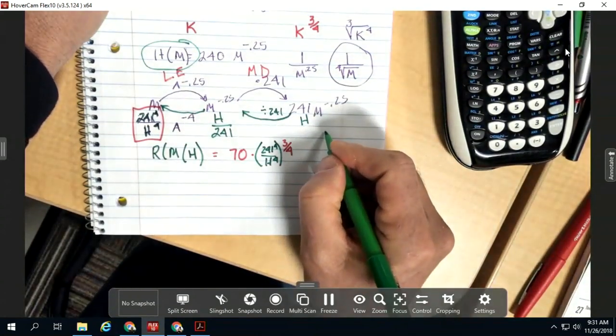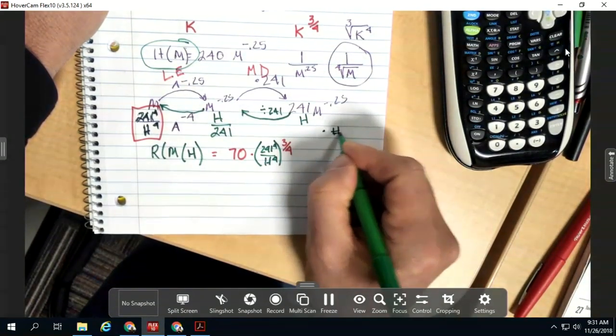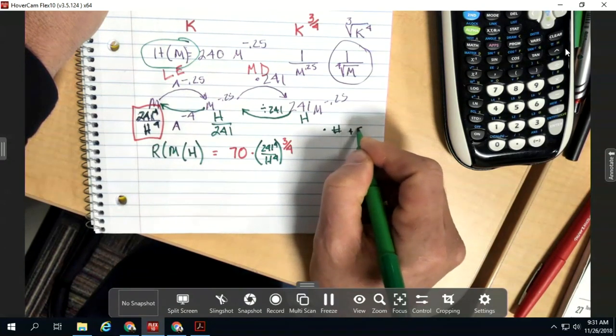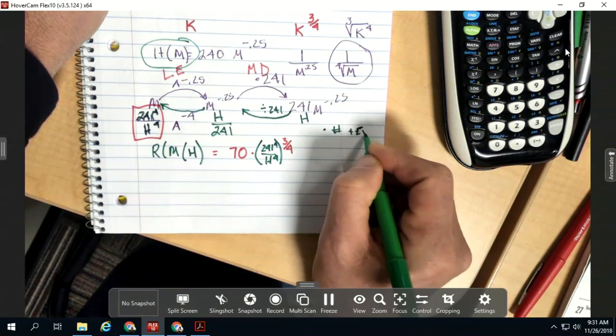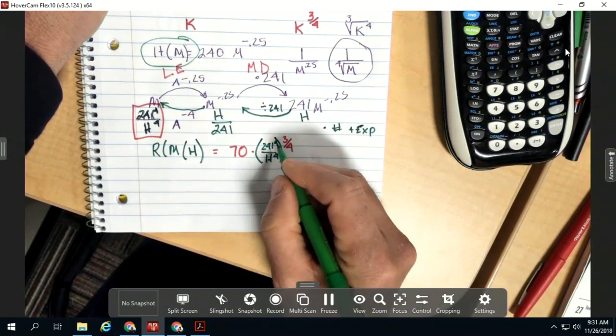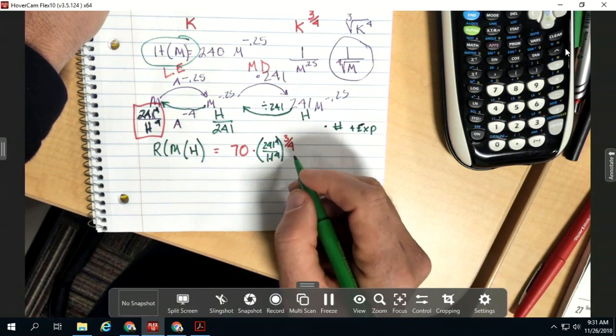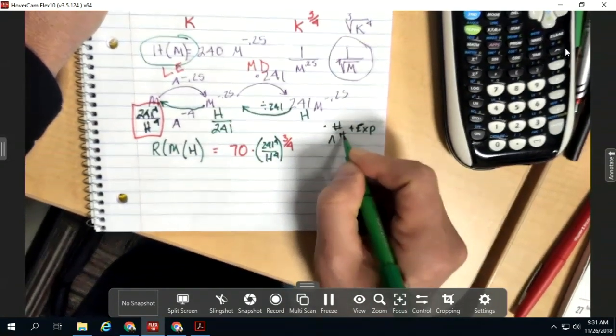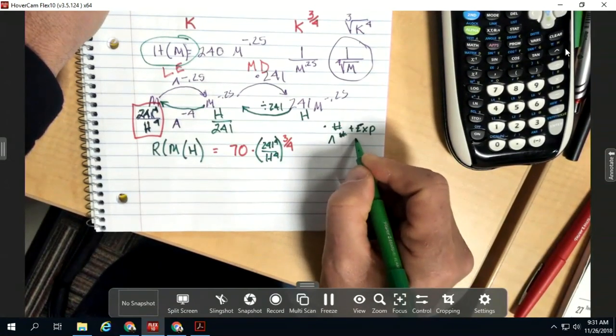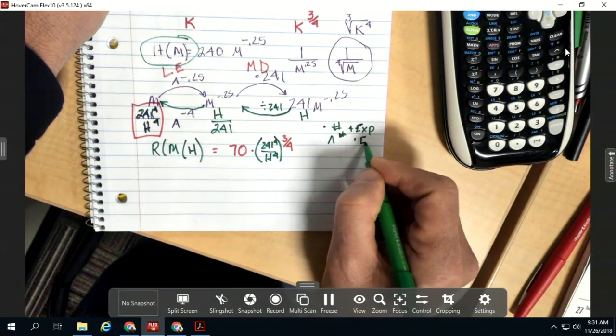When you raise numbers to powers, you multiply exponents.